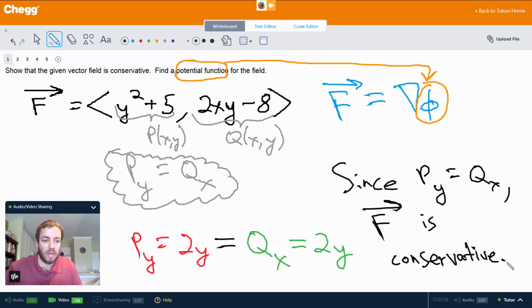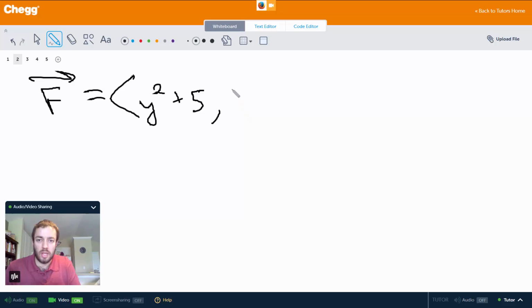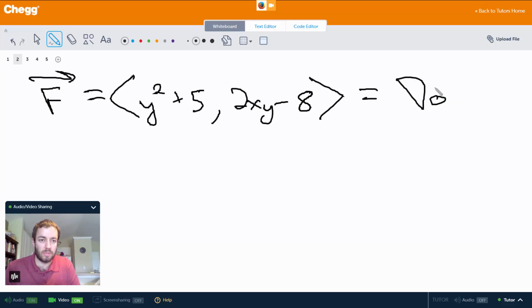Okay, so now we're going to go ahead and look for this function phi. So we know now that we can express f. Well, let's go ahead and rewrite f. So f is y squared plus 5 and 2xy minus 8. And we want to express this as the gradient of some function phi.